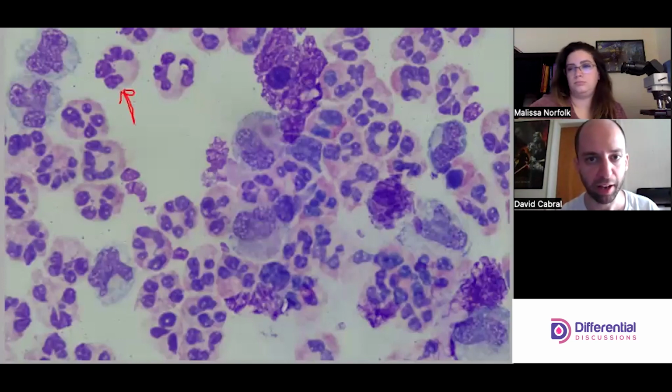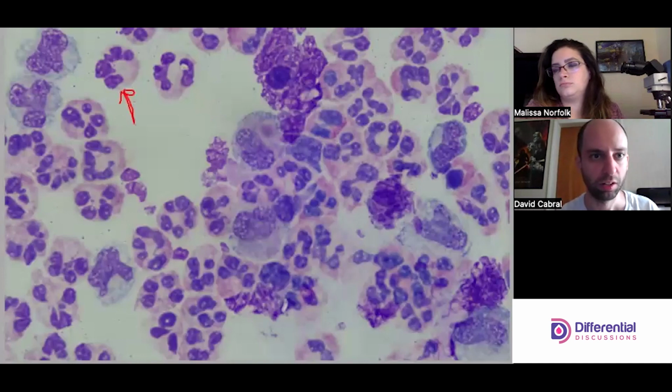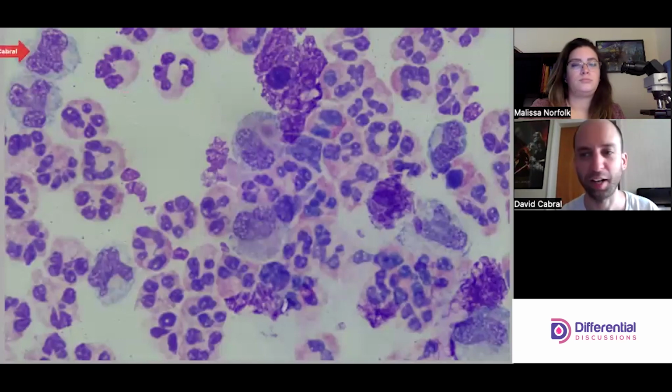And then, they're kind of on the periphery here, but let's see, is my arrow going to work? It kind of went off screen a little bit. But up in the corner of our screen, we have what, at our institution, we label a monomac. So monocytes and/or macrophages.